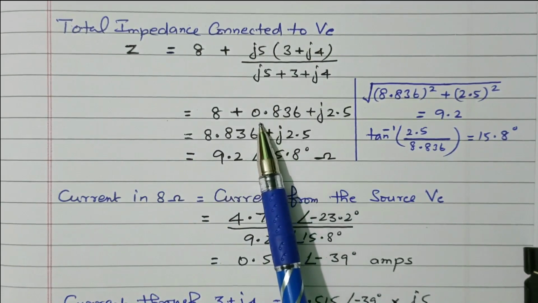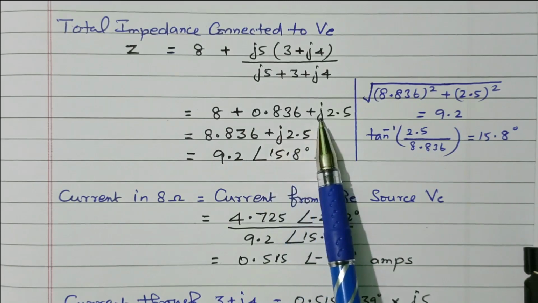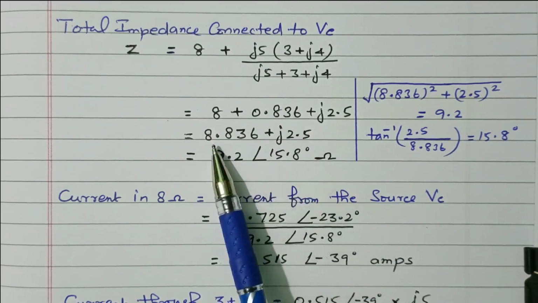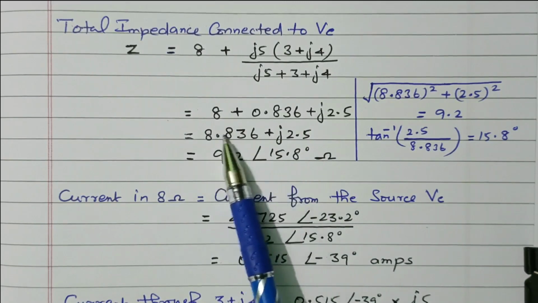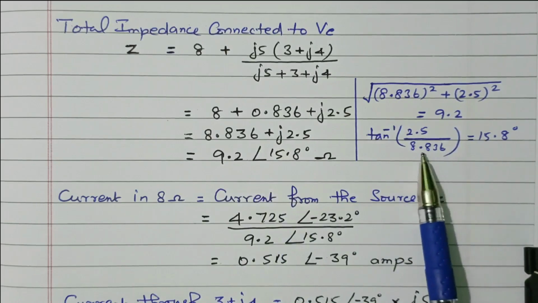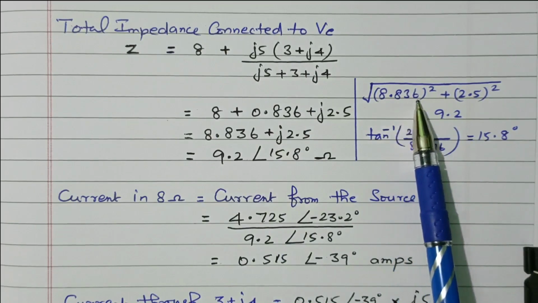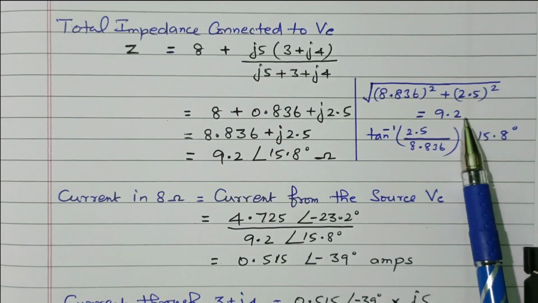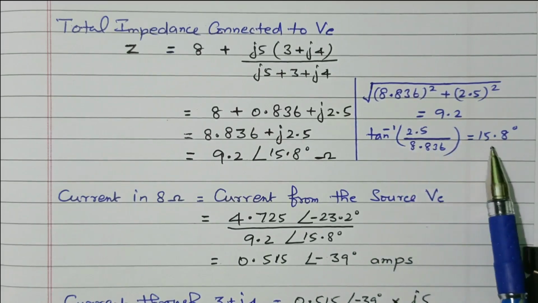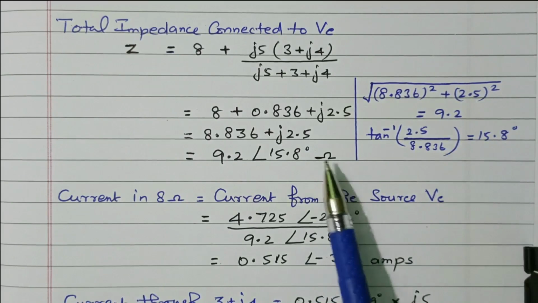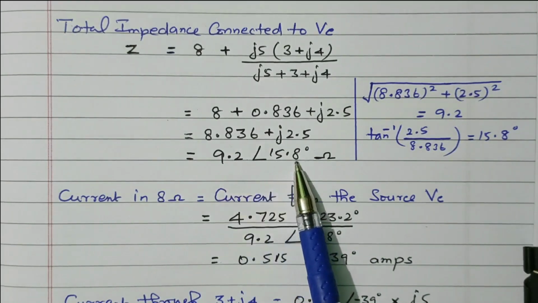So what we calculated is 8.836 plus J2.5. This rectangular form is converted into polar form: square root of 8.836 squared plus 2.5 squared is 9.2. Tan inverse of B by A, 2.5 divided by 8.836, is 15.8 degree. So we calculated total impedance 9.2 with an angle 15.8 degree.